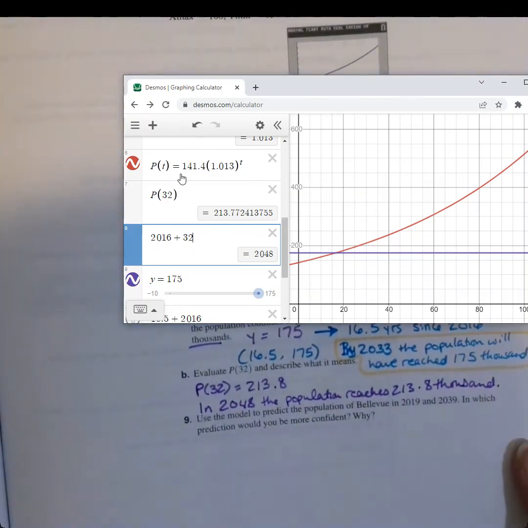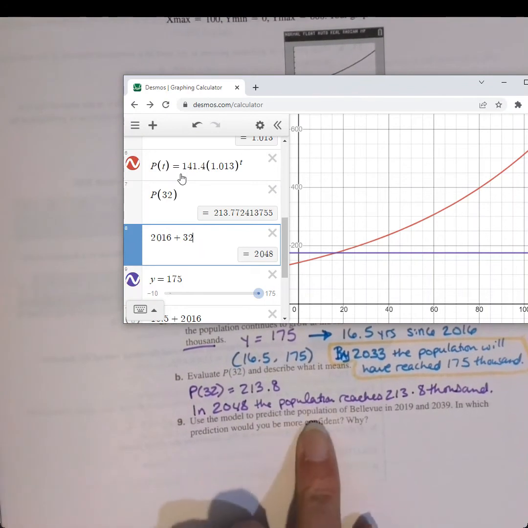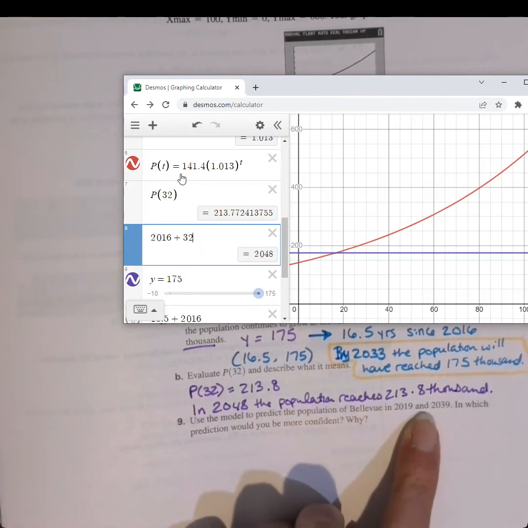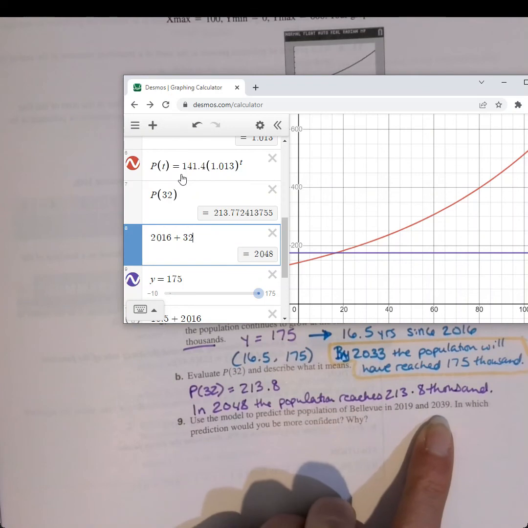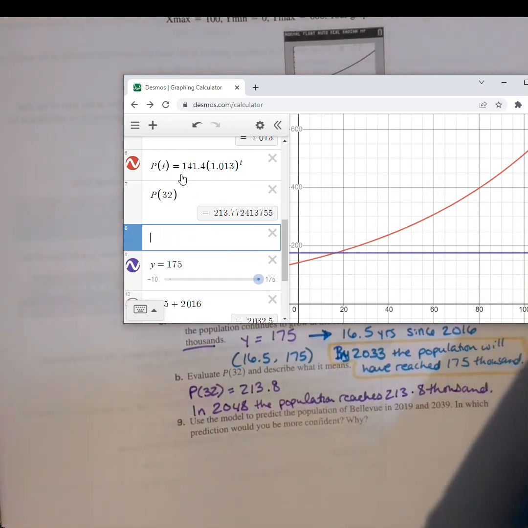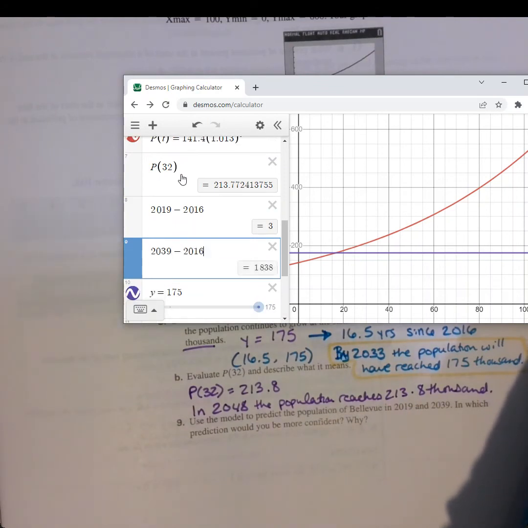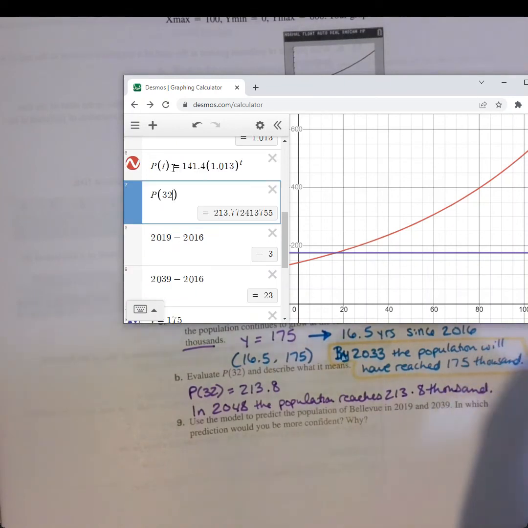All right, almost done. Use the model to predict the population in 2019 and in 2039. Which are we more confident with and why? Okay, so first of all, 2019 is 3 years after the starting year, and 2039 is 23 years after the starting year.